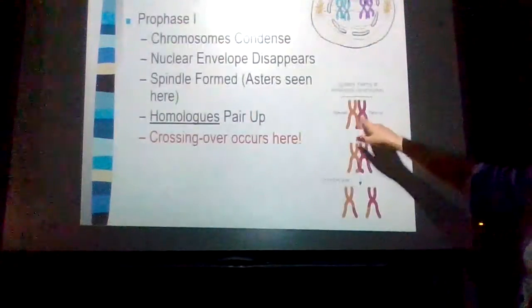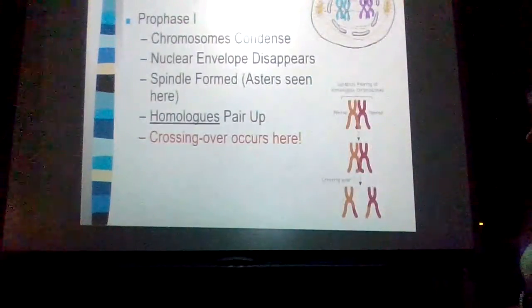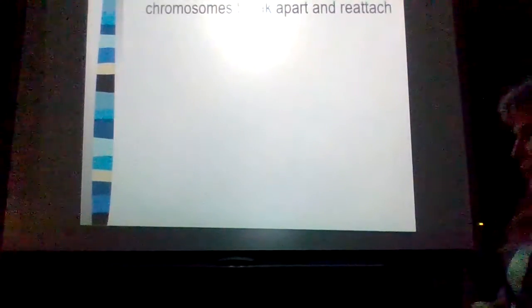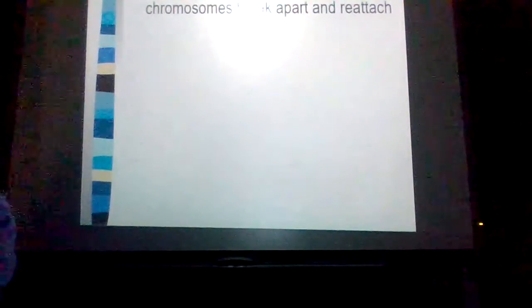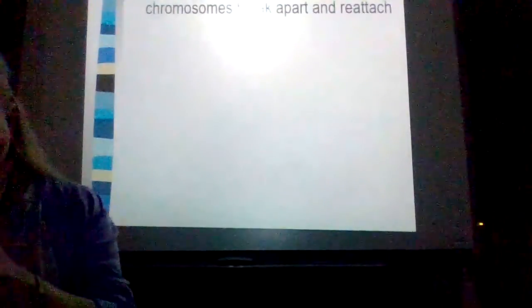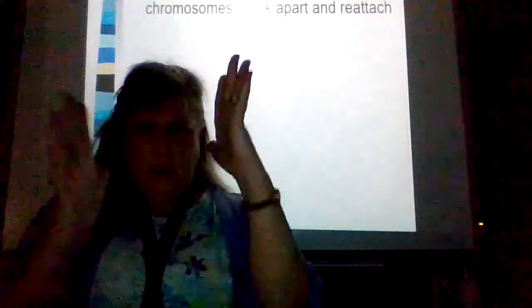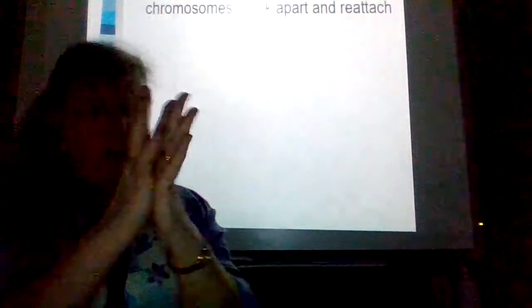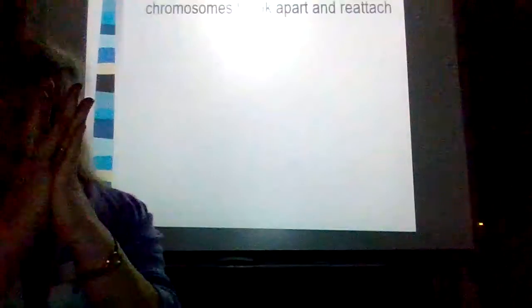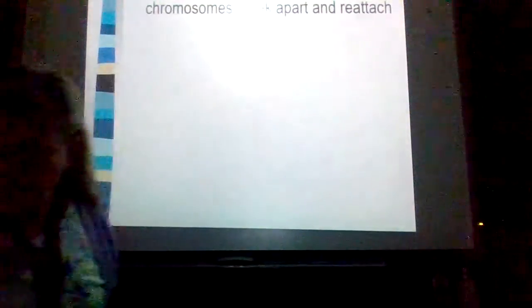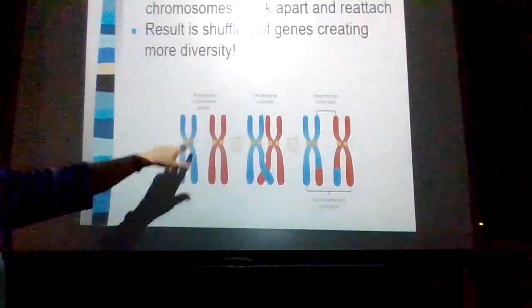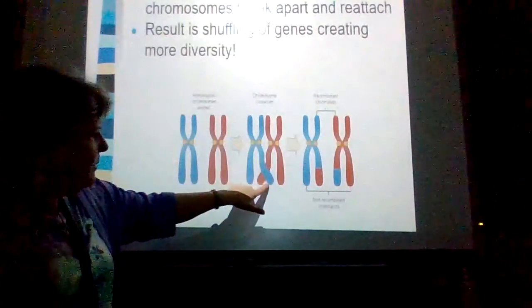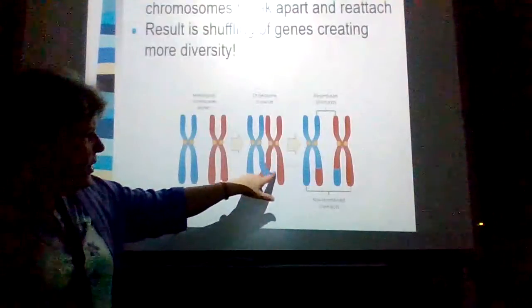Okay, and again, here's a little bit of crossing over. We're going to come back to it right now. We said that chromosomes have 2 chromatids, so we made a nice X structure. So here's my chromosome. Each one of these is a chromatid. Well, when these pair up, they're going to be super, super close together. So here's my chromosome, here's my chromosome. They pair up. The legs will get entwined.